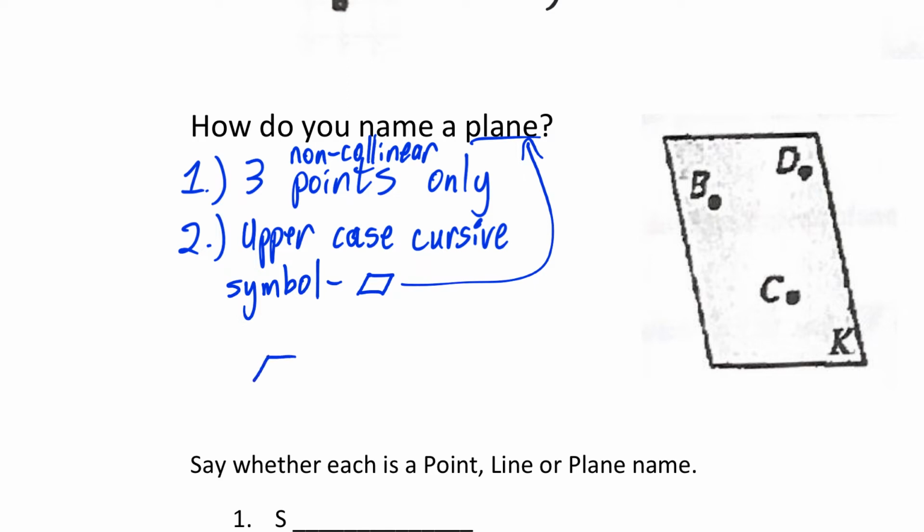So we could call this plane BCD, okay, because we're just taking these 3 points that are on there, which, by the way, the order of this doesn't matter either. You could call this plane CBD. That'd be good.